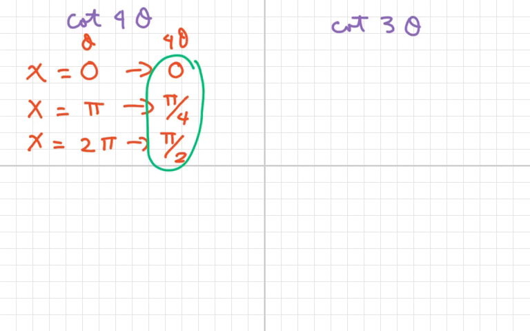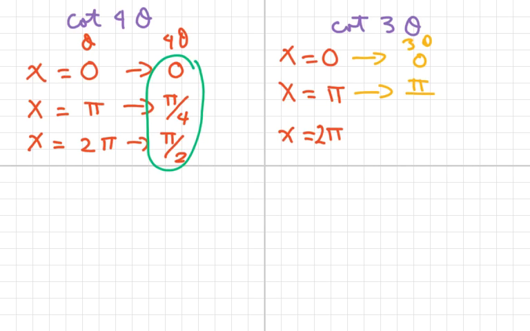The same goes for this one. I'm going to write my parent function asymptote lines and then divide everything by 3. If I divide by 3, we're going to get 0 again. This will be pi over 3.